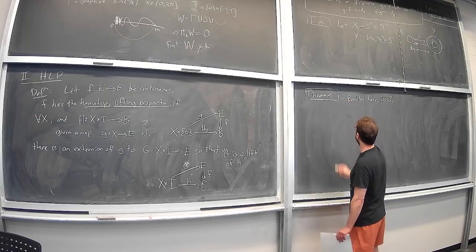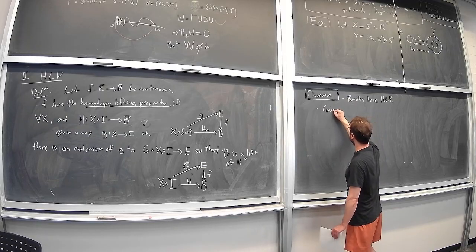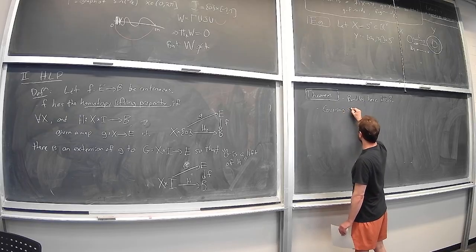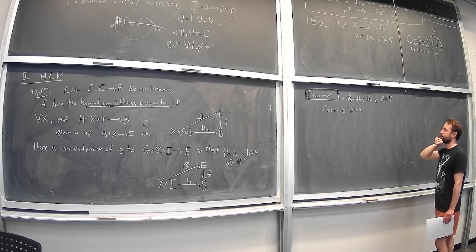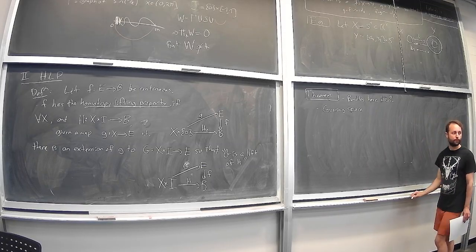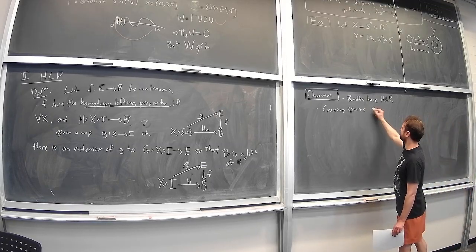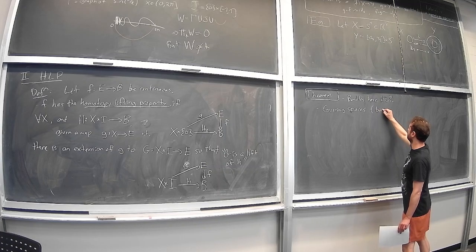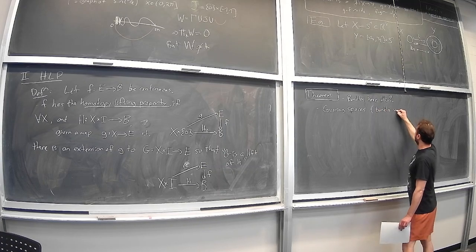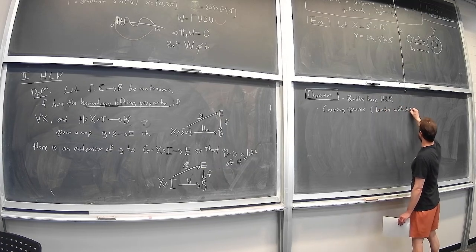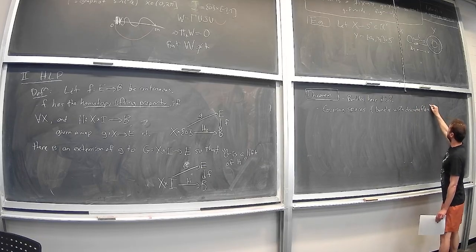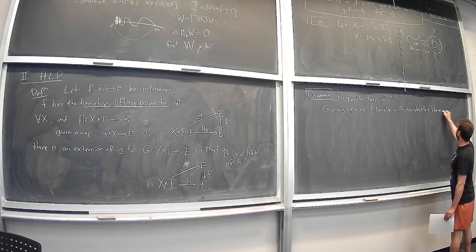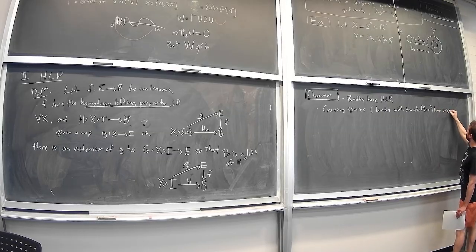And moreover, covering spaces. You can think of them this way because a covering space is a fiber bundle whose fiber is discrete. So covering spaces, so these are bundles with discrete fiber, have unique homotopy lifting property.